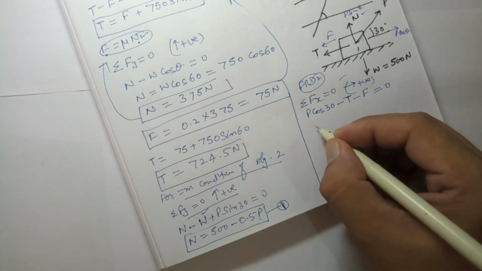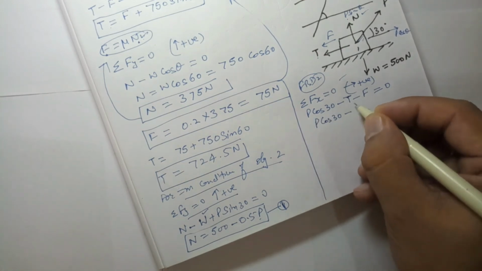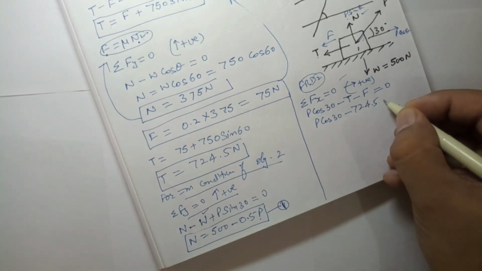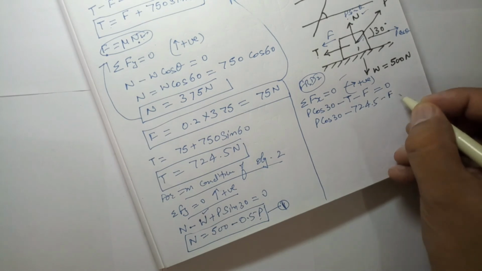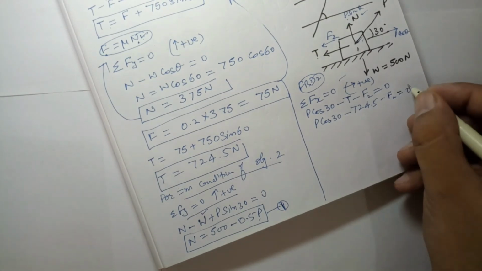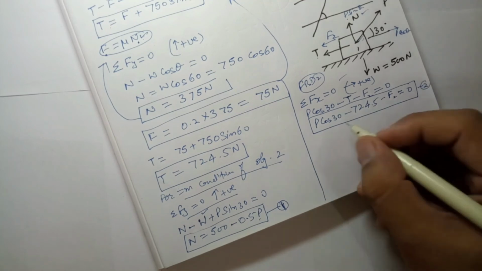So from this we get P cos 30 minus tension, which we have calculated as 724.5, minus the friction force. I can say this is F2 because this is the second object; otherwise you can write it in the same way also. So this is the second equation which is required for calculation of P.